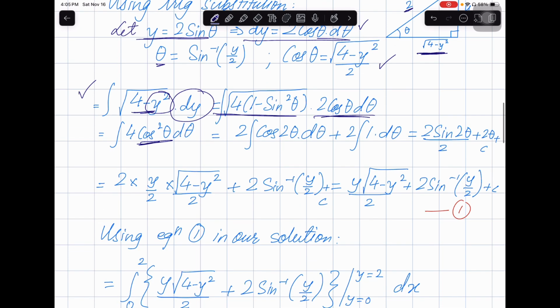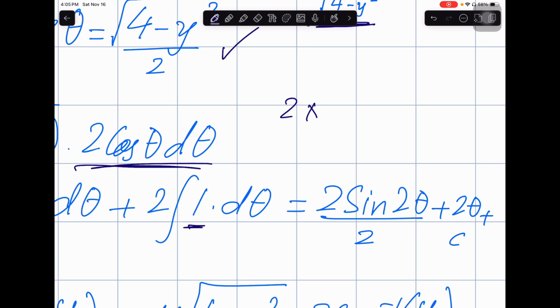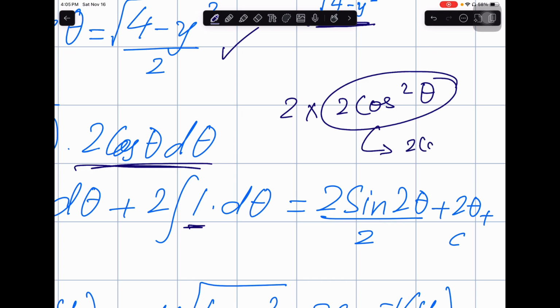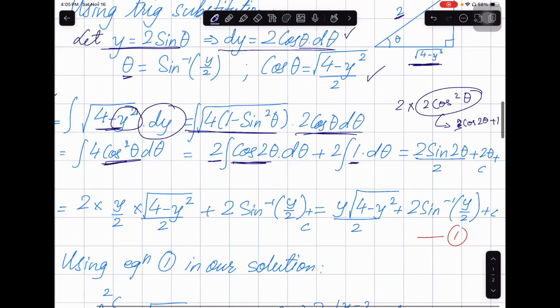Okay, so that's done. And 2 cos square theta is cos 2 theta plus 1. So I've used that relation, cos 2 theta plus 1. And since 2 will be common for both, multiplied by 2. So that's what I've done here.